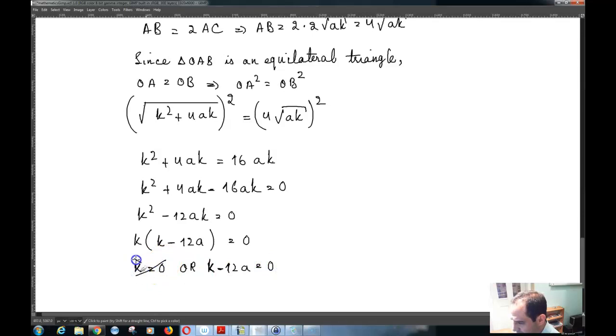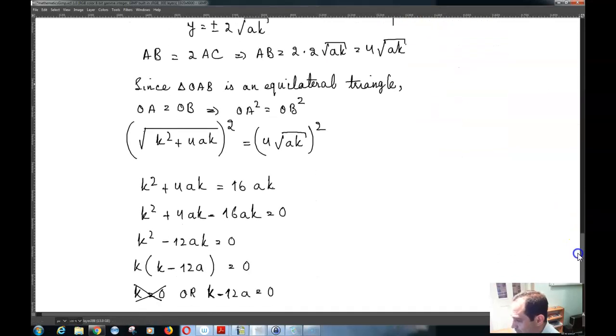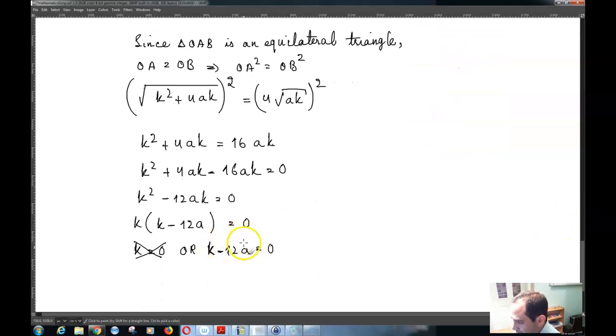The first is not possible, because if k is equal to 0, this whole thing doesn't exist, which is not what I want. So this means that k is equal to 12a.